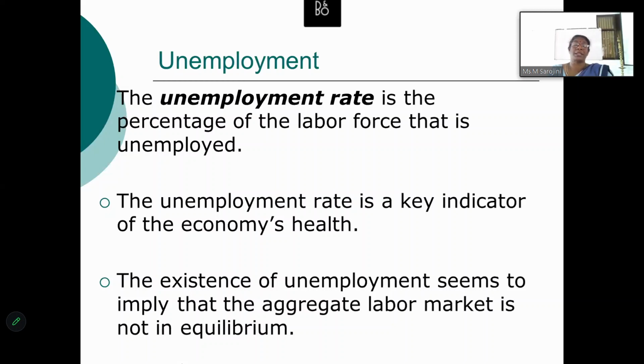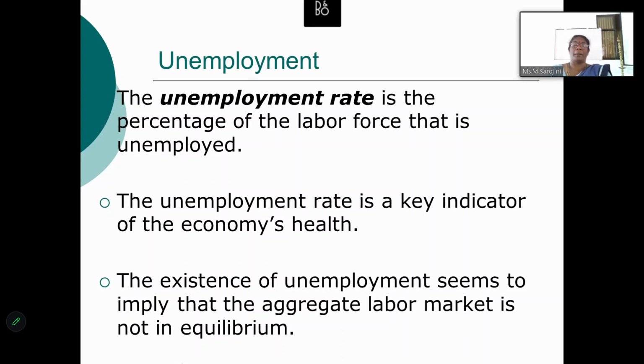We move towards recession. If there is high unemployment, there is low productivity, GDP is very low, the standard of living goes down, and economic growth also moves down. The existence of unemployment seems to imply that the aggregate labor market is not in equilibrium.